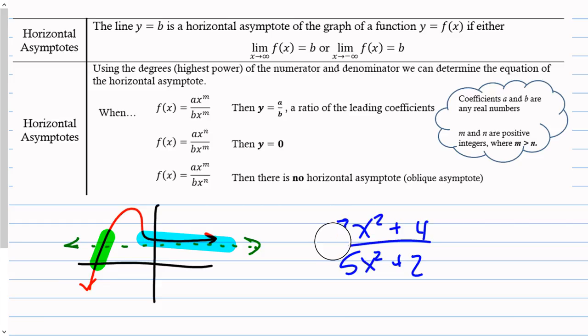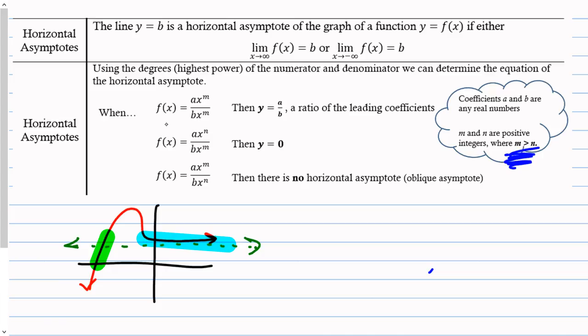Now these rules are like shortcuts. They can tell you what the limit is, as long as you figure out what the asymptote is. I have a key over here. I'm telling you that m and n are integers, which just means that they're numbers, positive, negative, or 0, right? But m is bigger than n, so m is the bigger number.